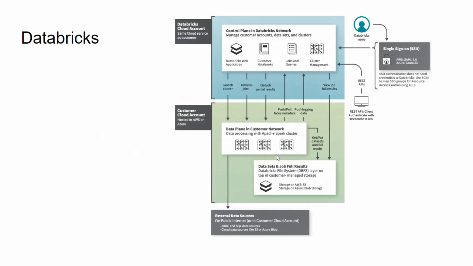Again, storage and compute are separated. You have the control plane, which is the administrative nodes. Storage is on AWS S3 or Azure Blob Storage, and you have the data plane, which is data processing with Apache Spark clusters. These are the compute units, and this is the storage.